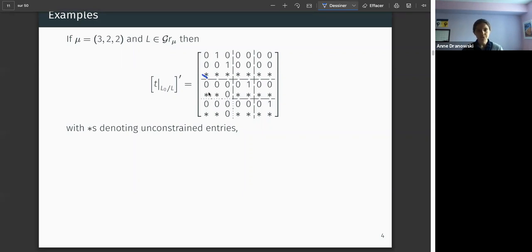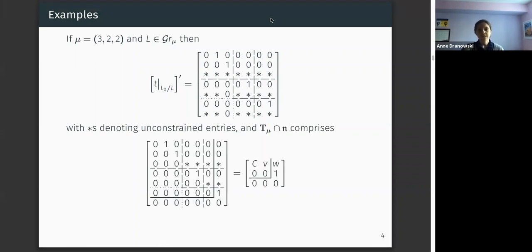So, you know, there might be something different going on depending on what I choose L to be, where those asterisks are, but the block form is always the same. And here there is a prime that stands for a transpose, so this is true up to transpose.